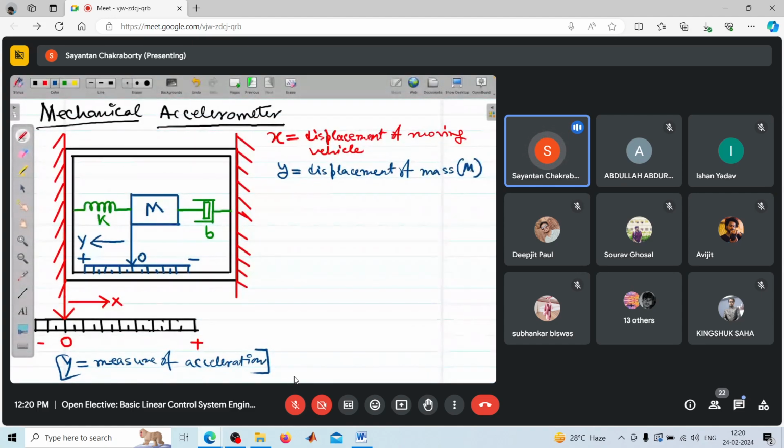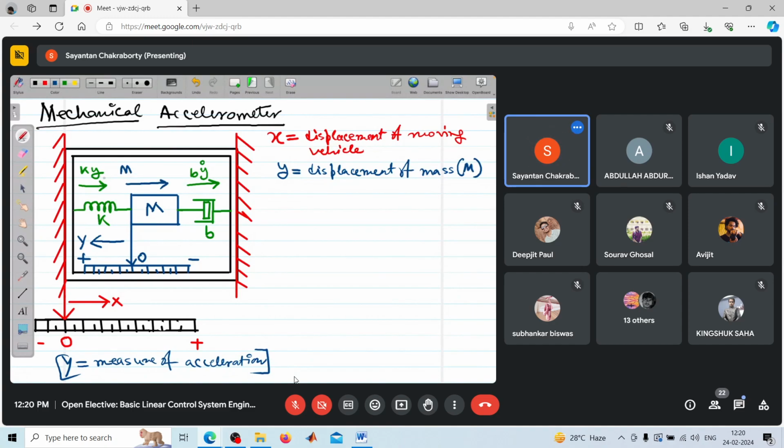The positive directions are represented here. Now the force on the mass due to spring will be in this direction, ky, and that due to the dashpot, because y is in this direction, will be in this direction, b y dot, and that due to the inertial portion will be this m.